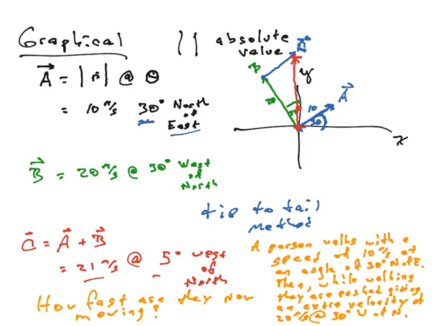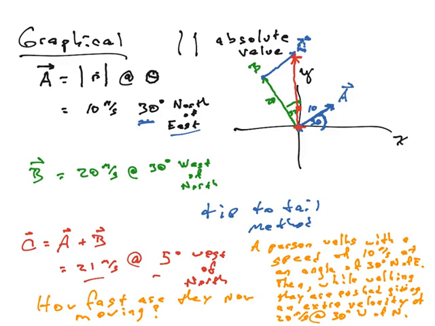Or maybe this is a boat on the water. The boat's just sitting there, and the tide or the current in the water is pulling the boat with a speed of 10 meters per second at an angle of 30 degrees north of east.